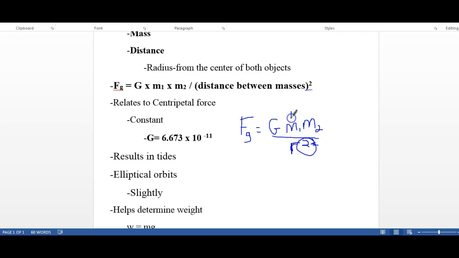The mass of one object is 1, the mass of another is 1, and let's say the radius is 1. Then the force of gravity would be 1 times 1 is 1, and we just don't worry about G right now, just for this demo, but these are all 1 over 1, so the force of gravity is 1.